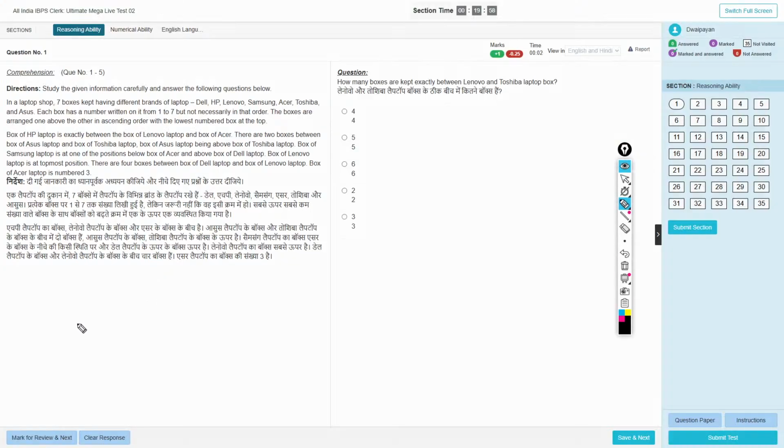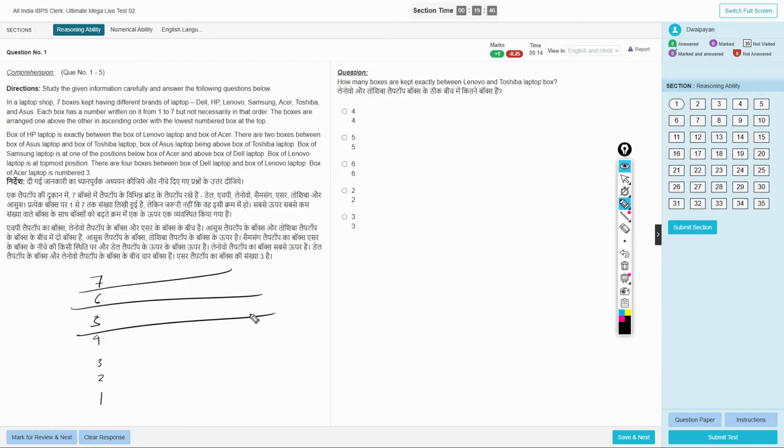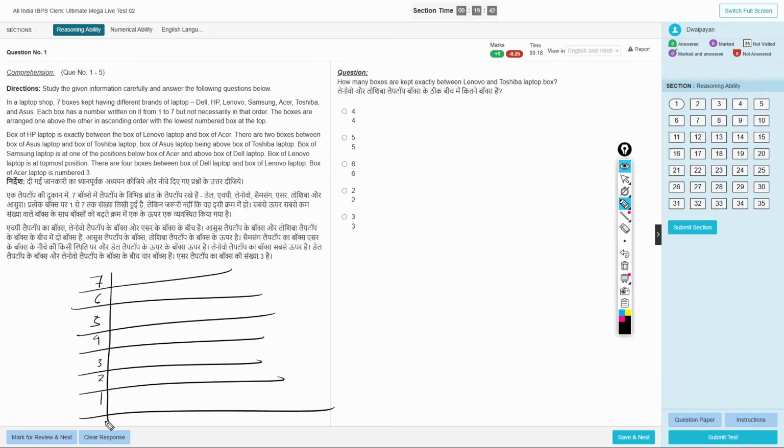Okay, first one is reasoning, 7 boxes, 7 different brands. So 7, 6, 5, 4, 3, 2, 1. 1, 2, 3, 4, 5, 6, 7. HP is exactly between Lenovo and Acer.